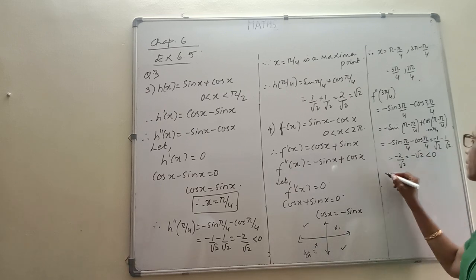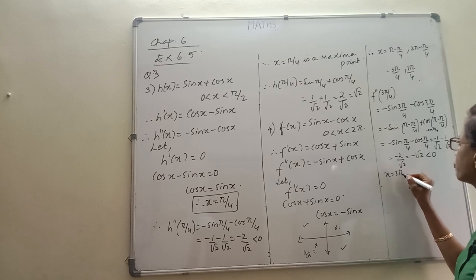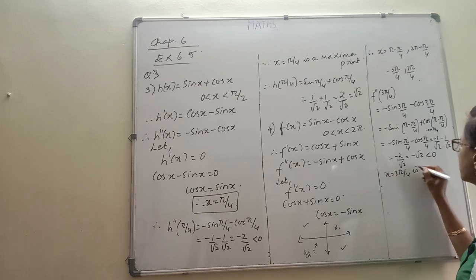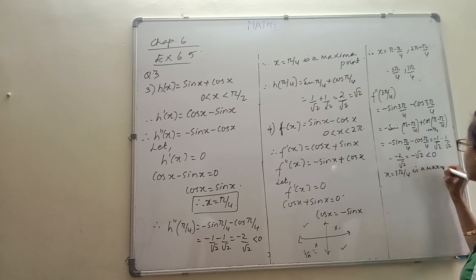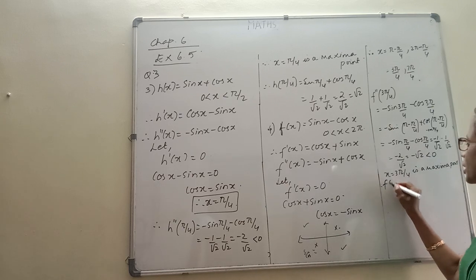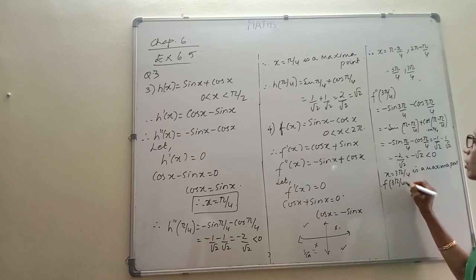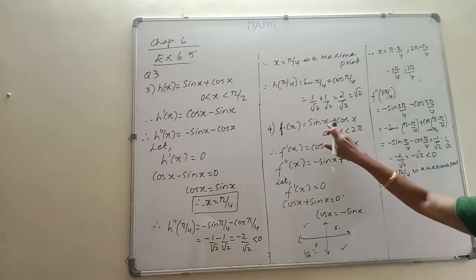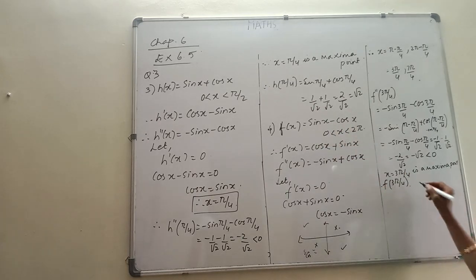So 3 pi by 4 is a point of maxima. And if you want to find the value of f at 3 pi by 4, it's sine 3 pi by 4 minus cos 3 pi by 4, and we already have the values with us.